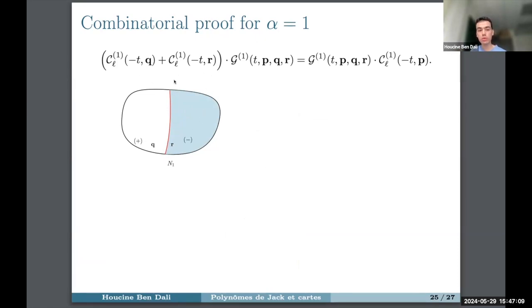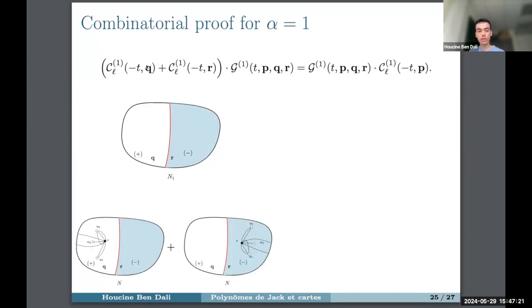And the second step is to act by CL of Q or CL of R. If we act by CL of Q, remember that Q is the alphabet which is related to the plus faces. So acting by CL of Q is adding this block of one black vertex on the plus side. CL of R will do exactly the same thing on the minus side. And this sum of two maps corresponds exactly to this left-hand side of the equation.